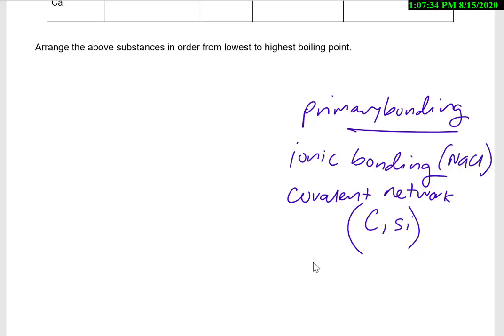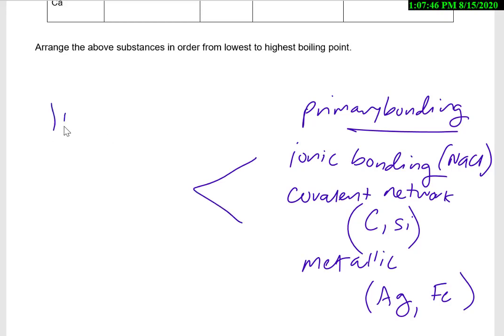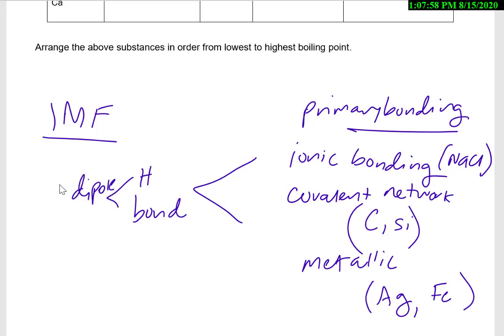And then lastly, metallic, which you're looking for any metal that's all by itself, silver, iron, etc. Those are all way stronger than the normal intermolecular forces. And remember, of the intermolecular forces, hydrogen bonding is the strongest. Next would be dipole. And then the weakest are your London dispersion forces. So that'll just help you as you go through the lab, having an idea of the strength of the different types of forces that are present.